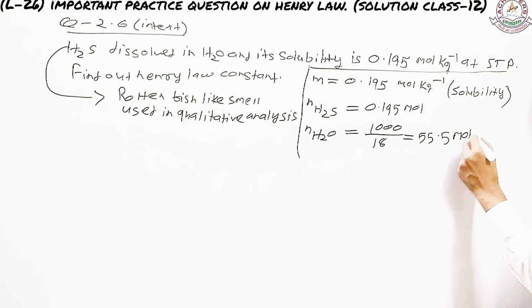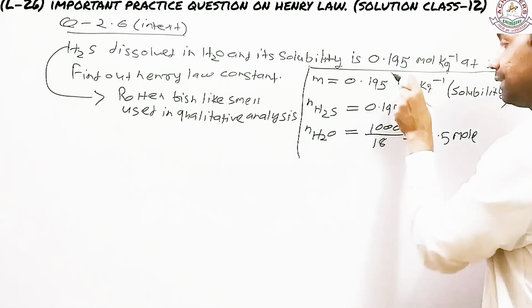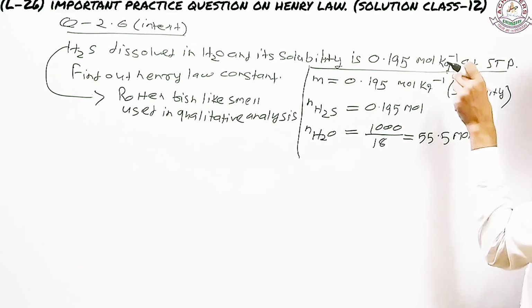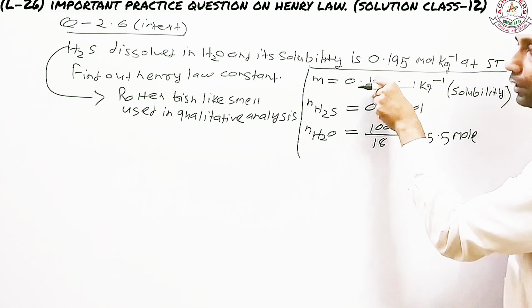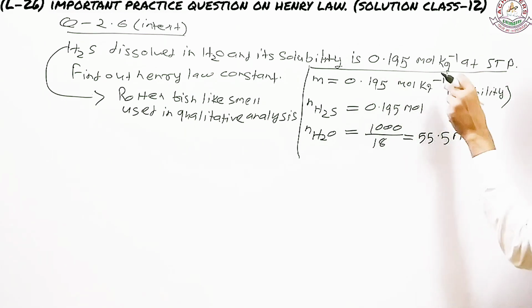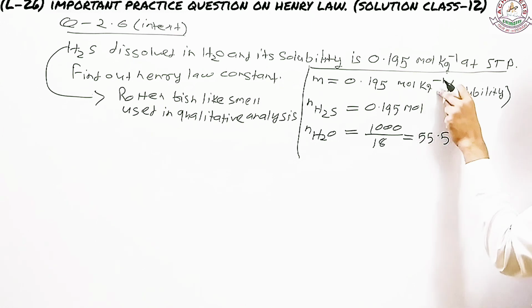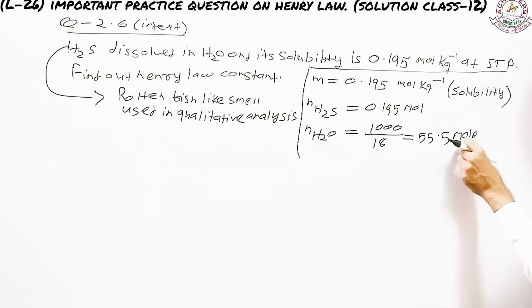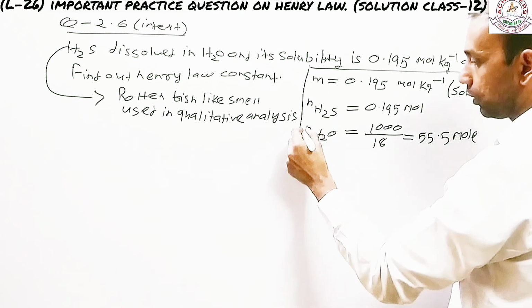Let me repeat how I solved it. This is 0.195 mole per kg. The solvent here is water, so this is the number of moles of H2S and this is the mass of the water. Water is 1 kg, which is 1000 grams, and 1000 divided by 18 gives you the number of moles of H2O. Okay, so let's go ahead and solve it.